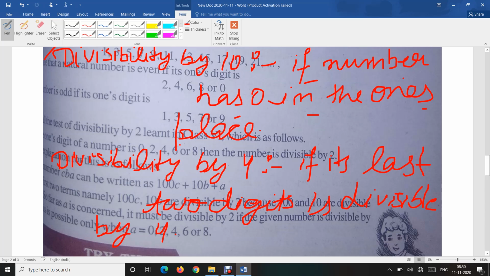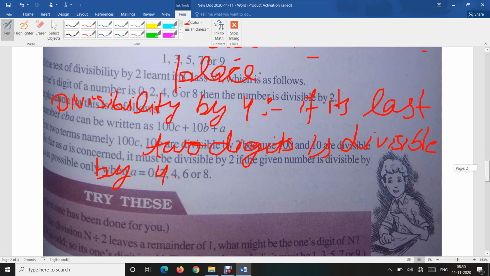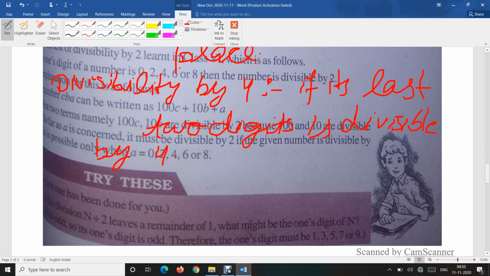See, so far we have studied about the unit digit only, whether the unit digit is divisible by that particular number or not. But this time, if you want to check the divisibility by 4, then the number formed by its last two digits must be divisible by 4.